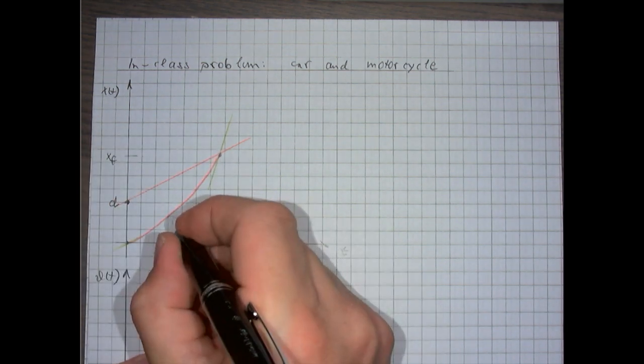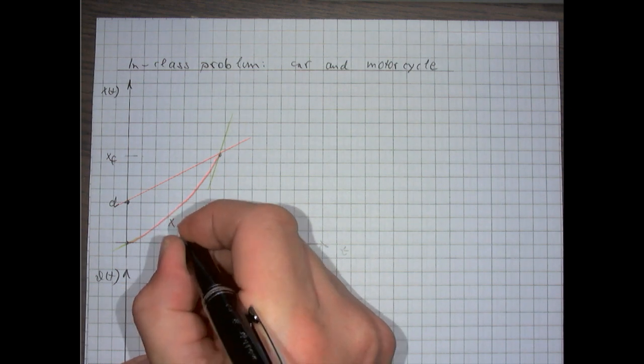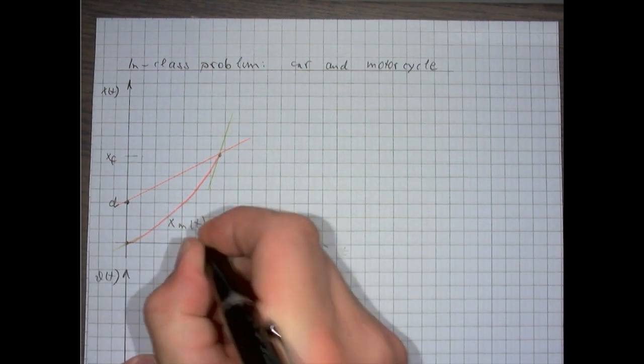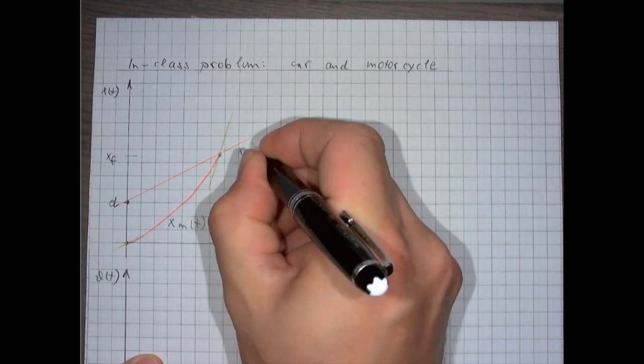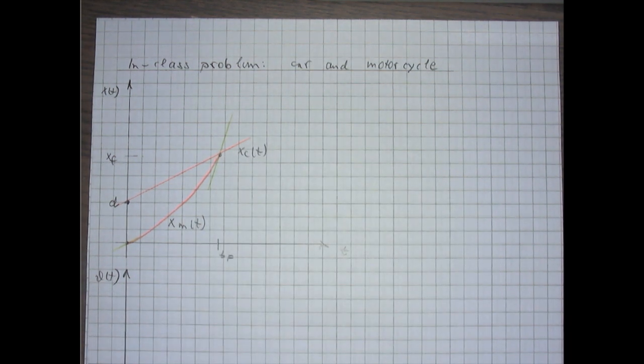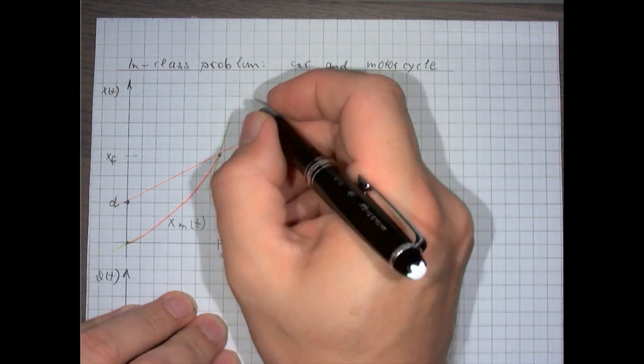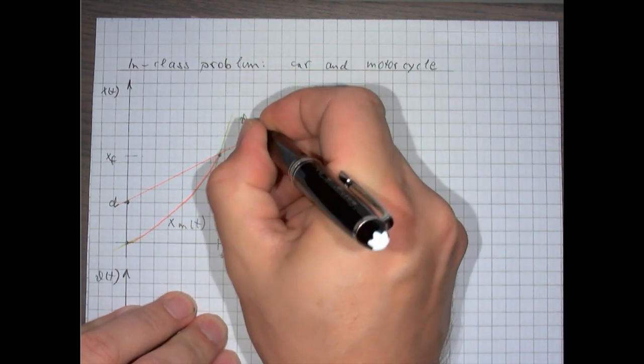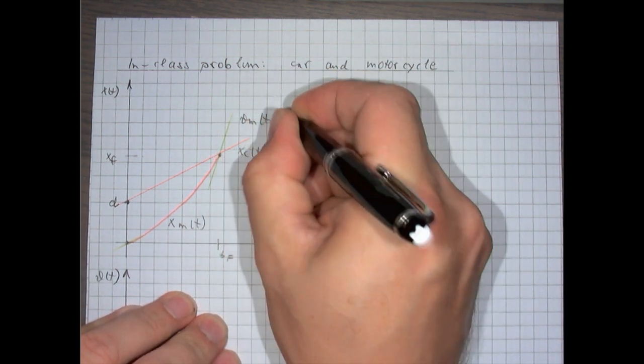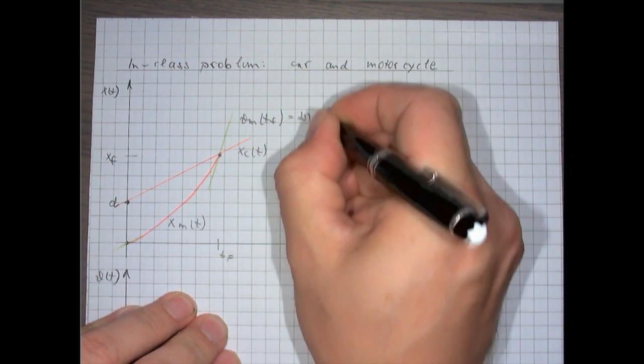So therefore we have now the functional form of x motorcycle of t, and we have here x car of t. And here when they meet, that slope here is twice as large, so the velocity of the motorcycle when they meet at t_f equals 2 v naught.